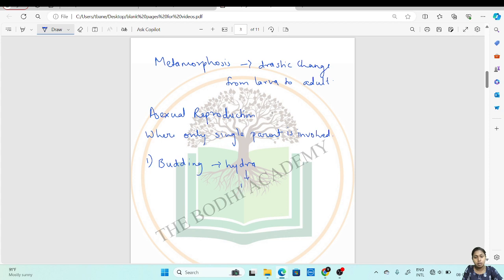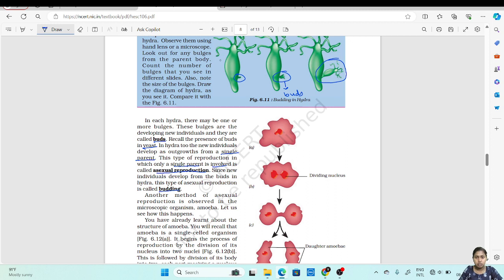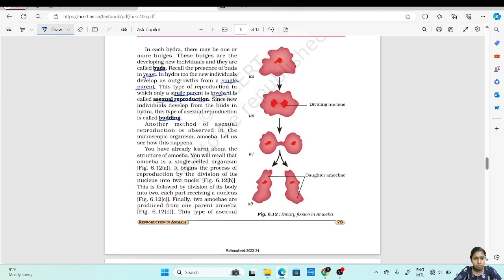It forms buds that come out of the parent hydra. This is the individual, or the baby, which comes out. So this is the budding hydra, a bud which comes from the parent hydra. This process is known as budding.